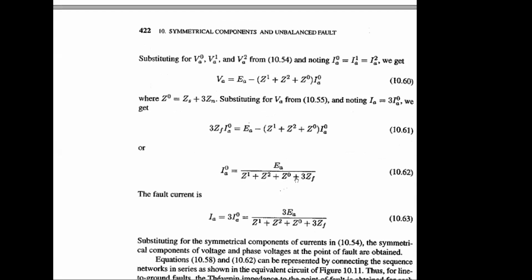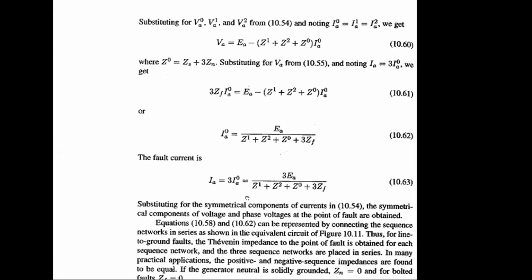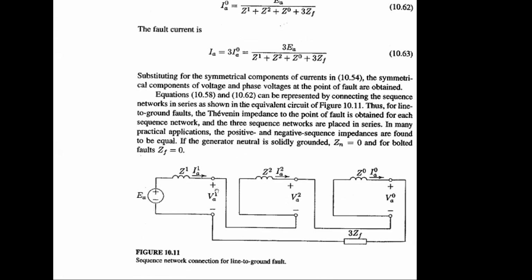Actually, you have to be careful how this equation generates the equivalent circuit. Can you see how this is drawn based on this equation? Here you can see all the impedances are connected in series, right? Z1, Z2, Z0. So the Z1 circuit, Z2 circuit, and Z0 circuit should be connected in series.